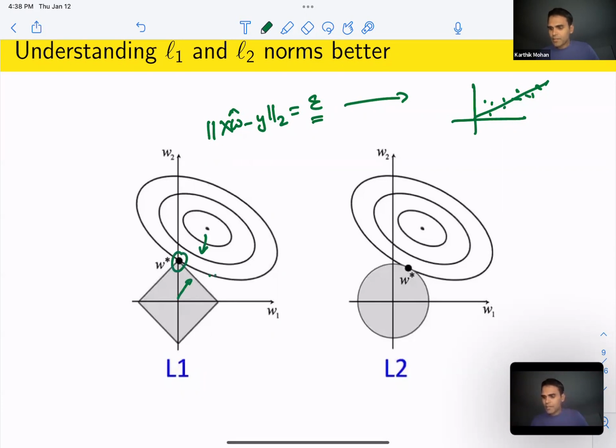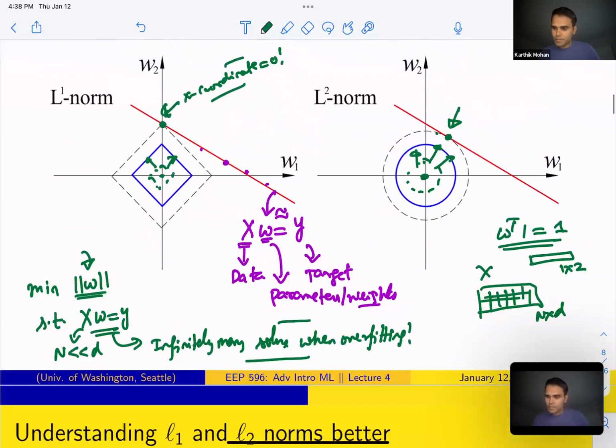So at a certain error, I'm going to meet this diamond, and I'm still going to hit on the axis. So I'm still going to get zeros in the case of L1, but I'm going to have a dense weight vector when I use L2. Okay. So this is an extension of what we just did here.